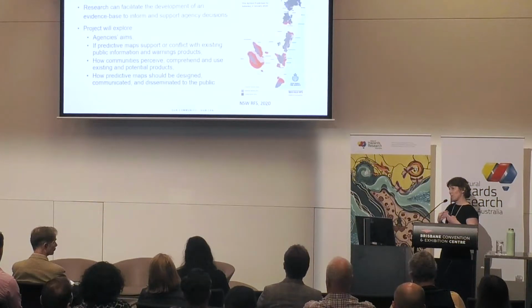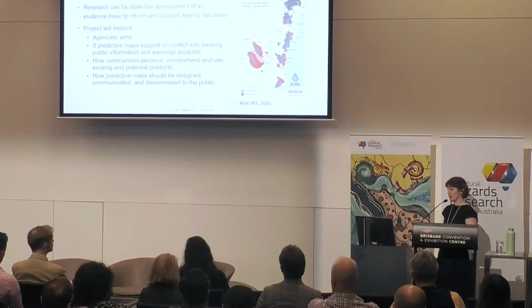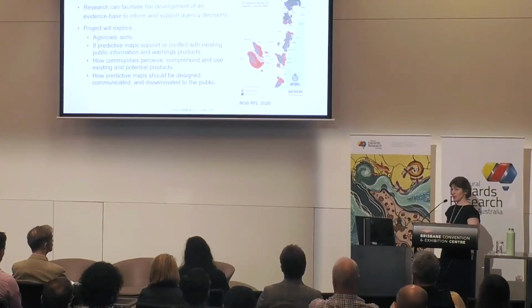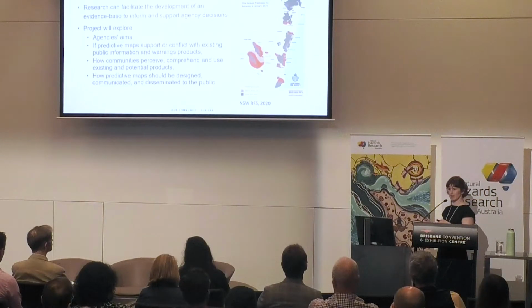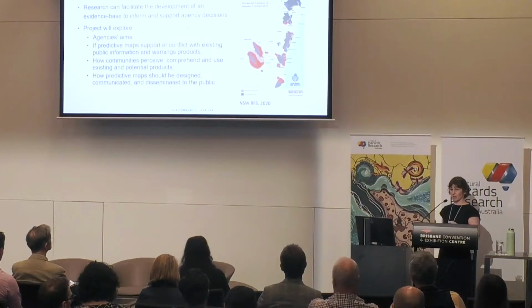We want to better understand if predictive maps support or potentially conflict with existing public information and warning products. We're also really interested in how communities perceive existing products and comprehend and intend to use both existing products and predictive products that we will test in later stages of the project. We're interested in understanding how these maps should be designed, communicated and disseminated to the public as well.